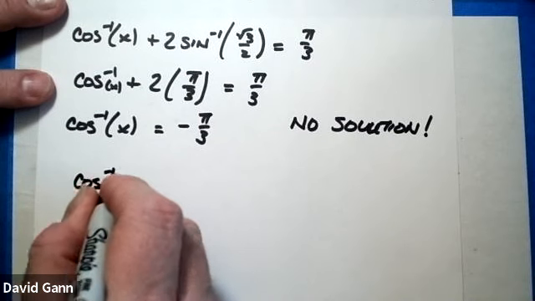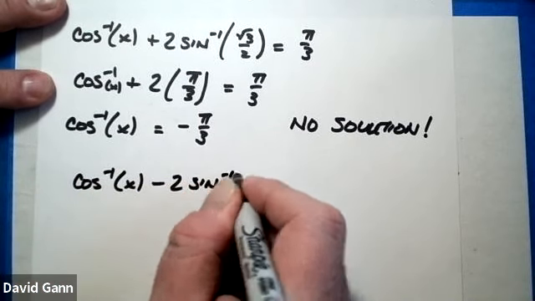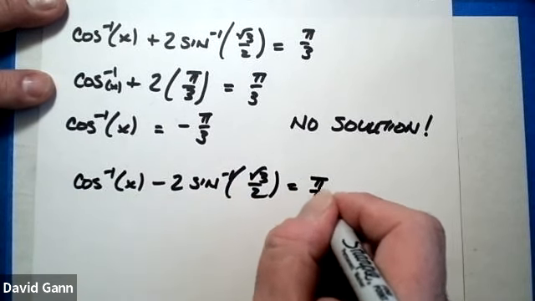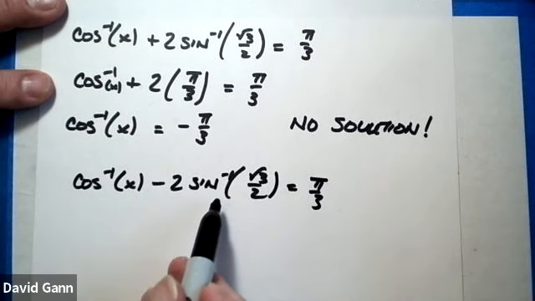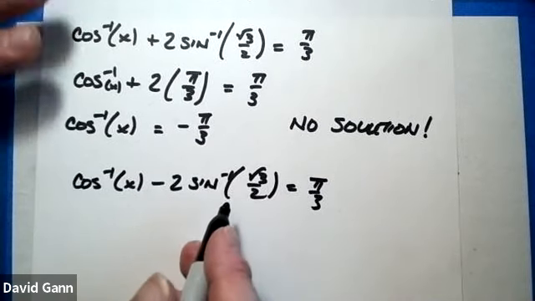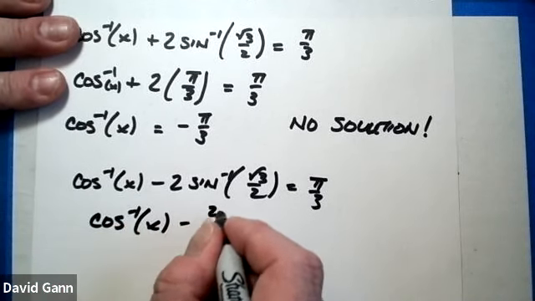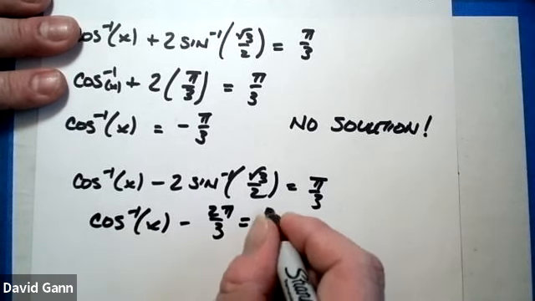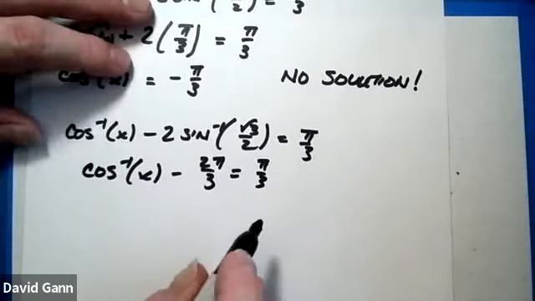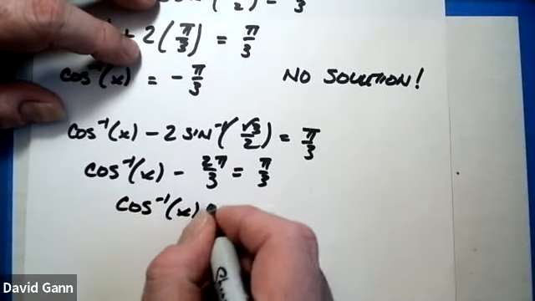So inverse cosine of x now minus 2 inverse sine of root 3 over 2 equal to pi over 3. Well, this is still just going to be pi over 3, and now it's negative 2 pi over 3. So we have inverse cosine of x minus 2 pi over 3 equal to pi over 3. And so when you move the 2/3 pi to the other side, you end up with the inverse cosine of x equal to pi.